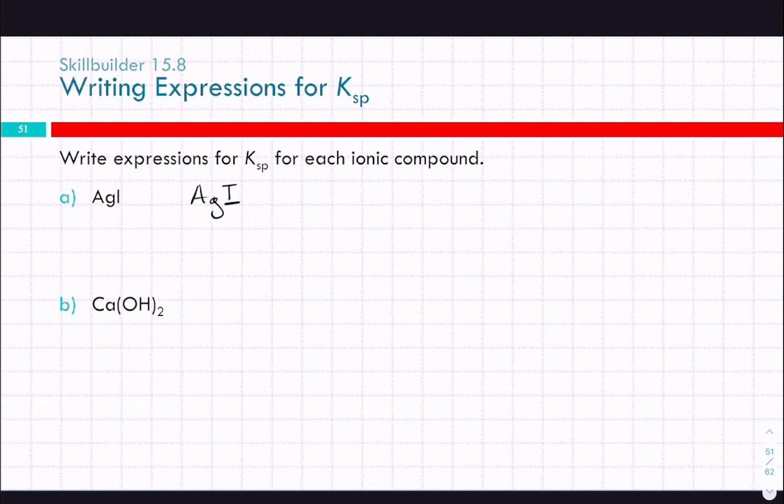So we'd have silver iodide, and if it did dissolve, it would just produce the ions: a silver ion, Ag+, plus an iodide, I-. We should probably include here, this is solid, this is aqueous, this is aqueous.